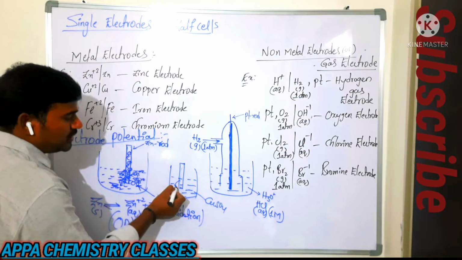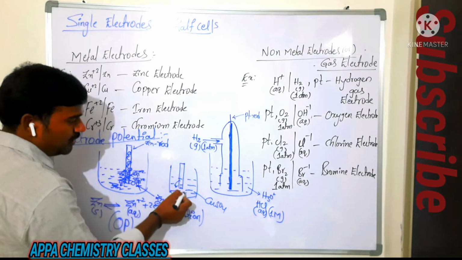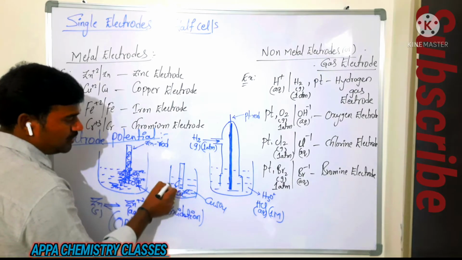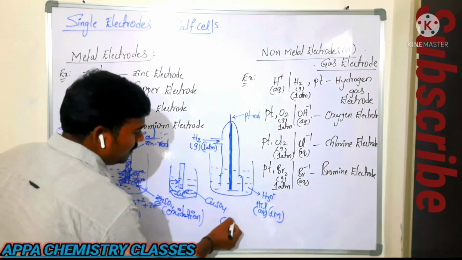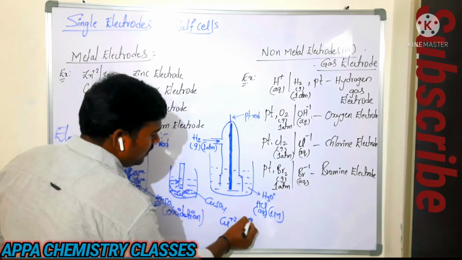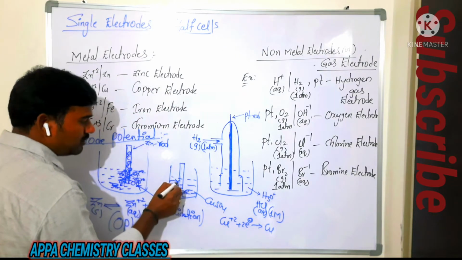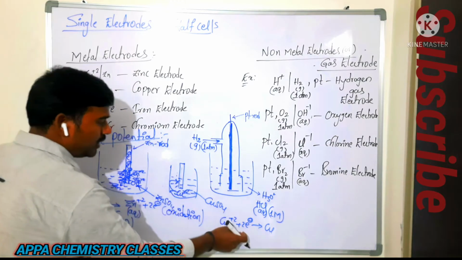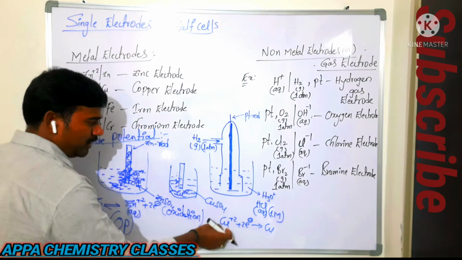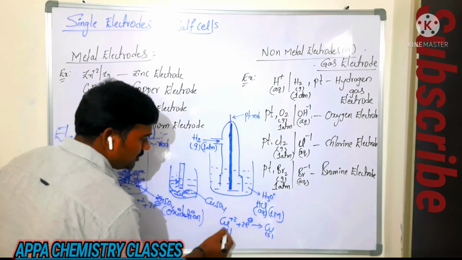Whatever copper ions are present in the electrolytic solution, those copper ions gain the electrons and are converted to copper. Then what happens? All the electrons present around this metal electrode are captured by these copper ions, and they are depositing as what? Copper metal, from the aqueous solution.